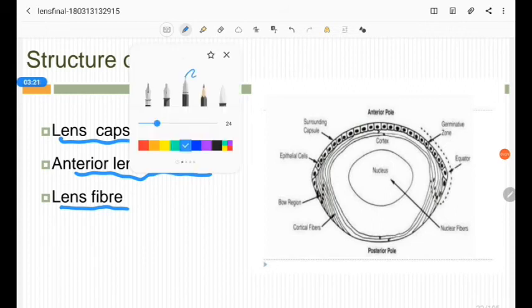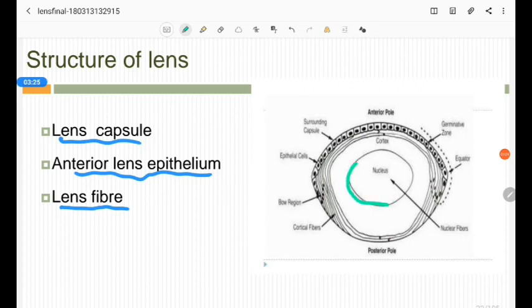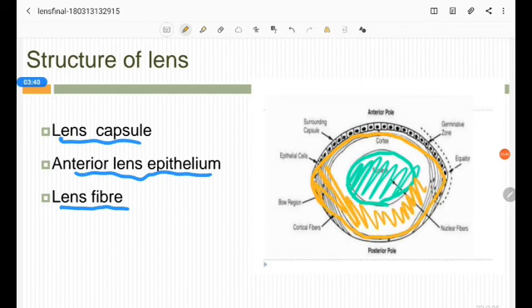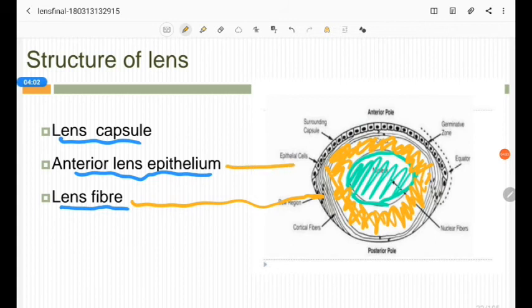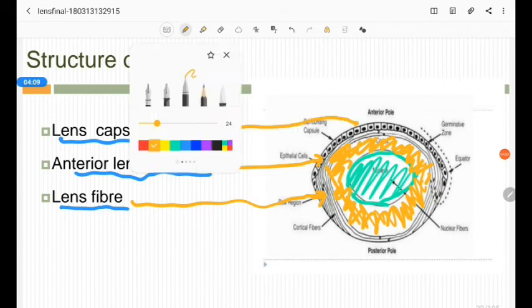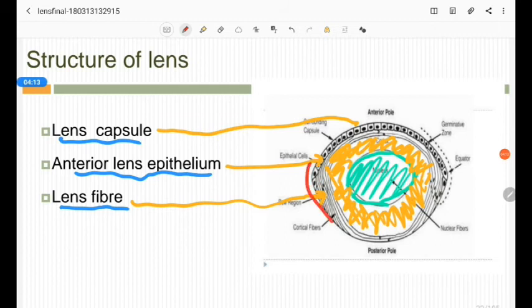So the nucleus and the cortex are having the lens fibers and the anterior lens epithelium along with the anterior capsule all around.